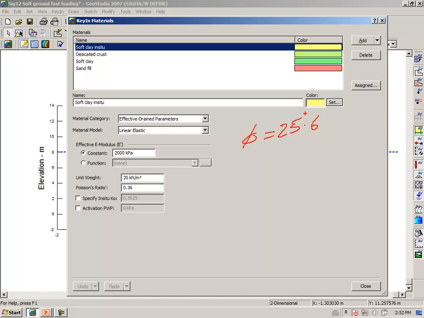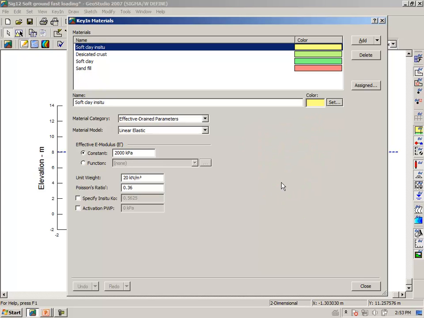This value for an effective friction angle means that on a p-prime plot the slope of the critical state line is 1 on 1, and this makes it easy to spot check the results.